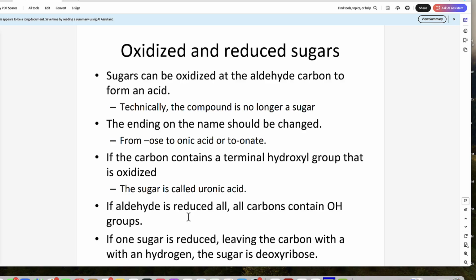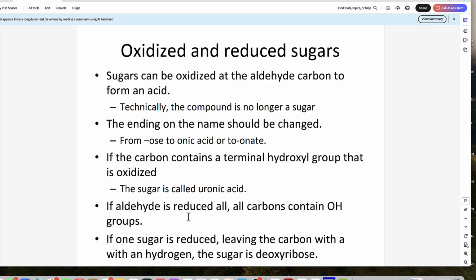If an aldehyde is reduced all the way, or all carbons contain hydroxyl groups, then it'll also have a change in the nomenclature. If you have one sugar that is reduced, leaving the carbon with a hydrogen, that sugar is now deoxyribose. Hopefully what comes to mind is DNA.